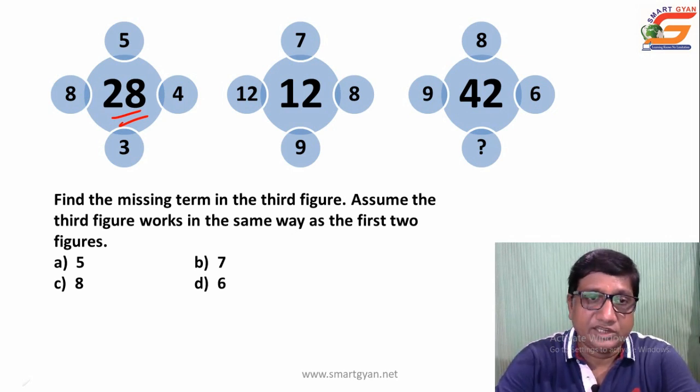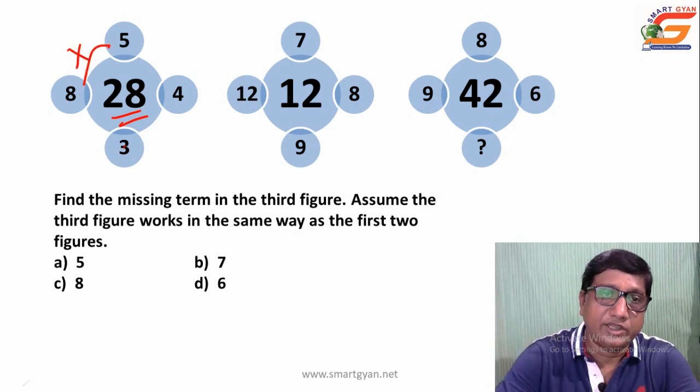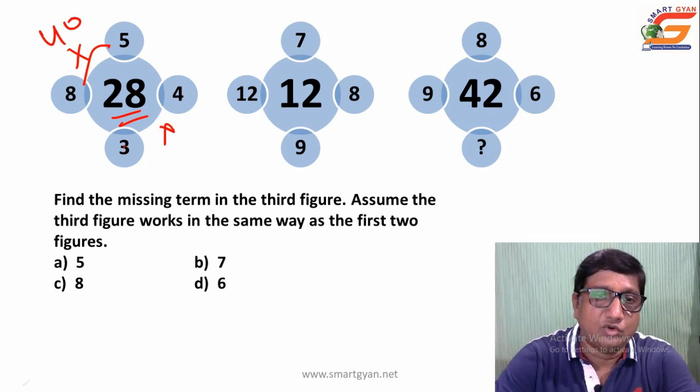Then any 2 consecutively we can take, that is 5 into 8 is equal to 40 and 3 into 4 is equal to 12. So 40 minus 12 is equal to 28.